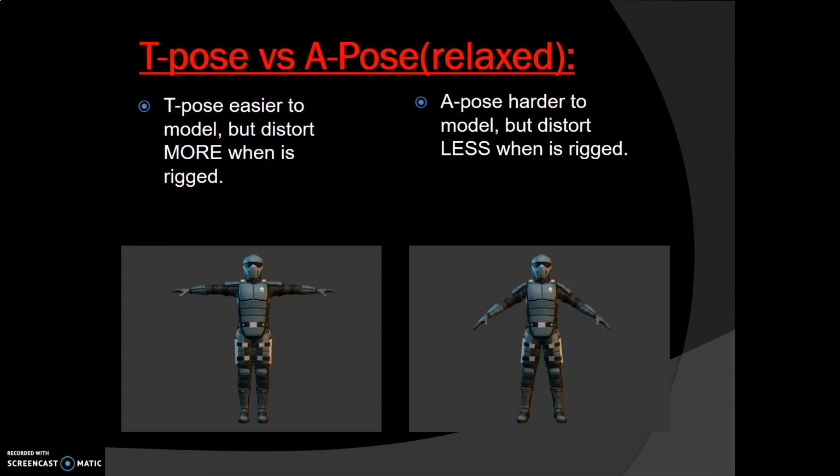But when it comes to the more experienced character modelers, they tend to use the A-pose because it's much better when it comes to distortion. Most of the time, your characters are going to be in a relaxed pose, an A-pose, as compared to your T-pose. That way, it will deal with distortion much better around the armpit area.